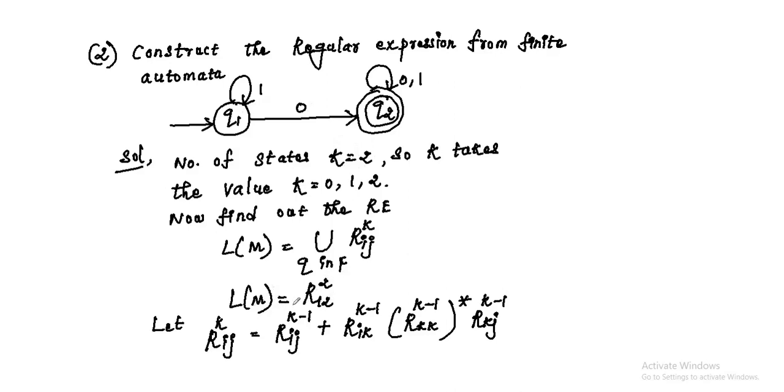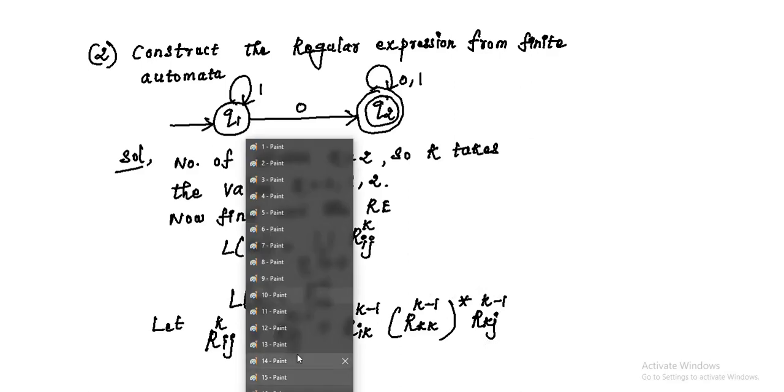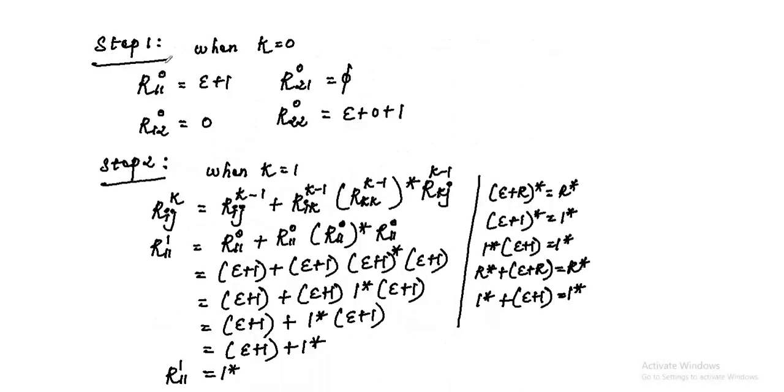So L of m equal to r base 12 raised to the power 2, and second equation is rij raised to the power k equal to rij raised to the power k minus 1 plus rik raised to the power k minus 1 into rkk raised to the power k minus 1 whole star into rkj raised to the power k minus 1. Coming to the first step, when k value equal to 0.